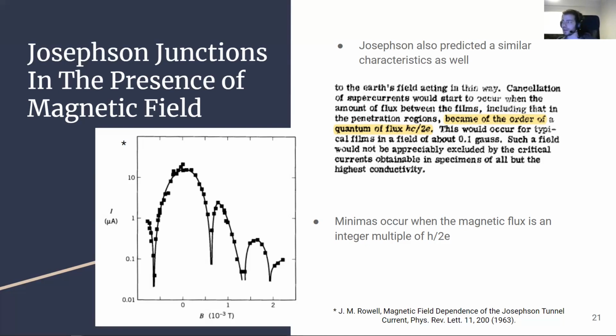He also said that for typical dimensions, because the flux depends on the area of your film, this would be about 0.1 Gauss, which is not so far off from the data we have here.